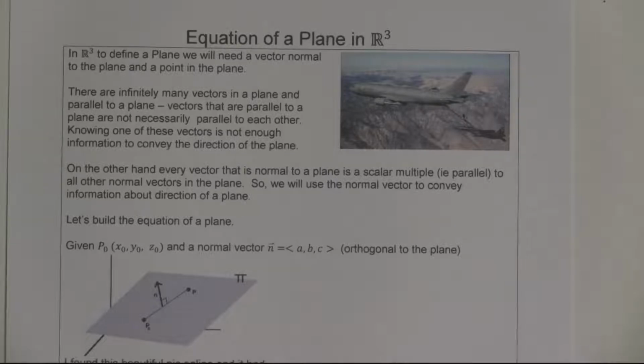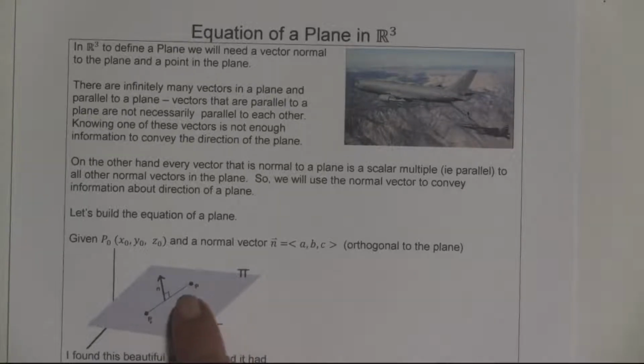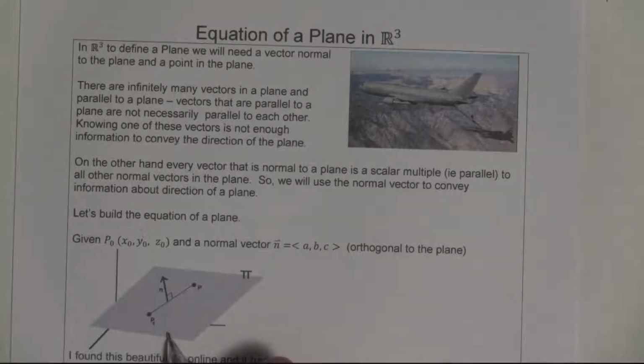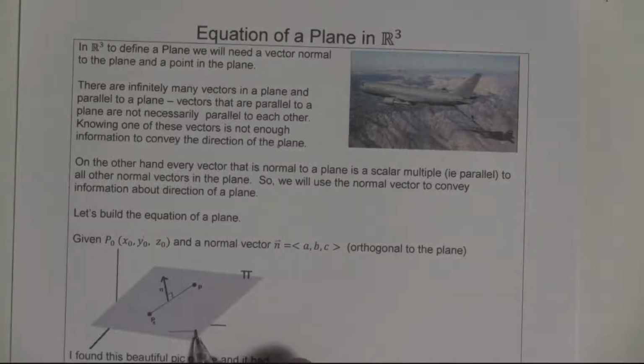In R3, to define a plane, we will need a vector normal to the plane and a point on the plane. The reason that we need a vector that's normal to the plane and not just a vector in the plane is that there are lots of vectors in the plane. Here's another one I'm going to draw over here. Here's another vector that's in the plane.